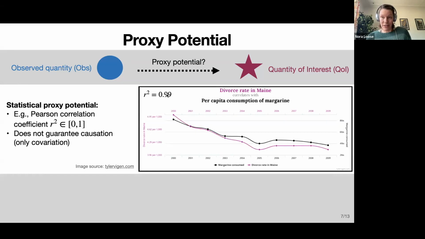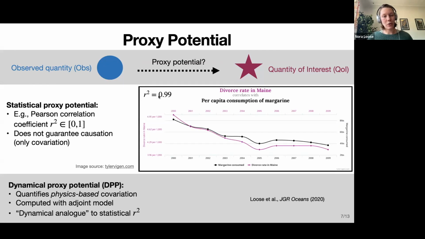So in this talk, I want to investigate the dynamical proxy potential, or DPP, and this DPP quantifies only physics-based covariation, so covariation that has dynamical underpinnings. It is computed with the Adjoint model, and it is essentially the dynamical analog to the statistical R squared.